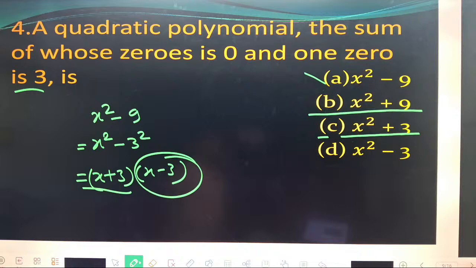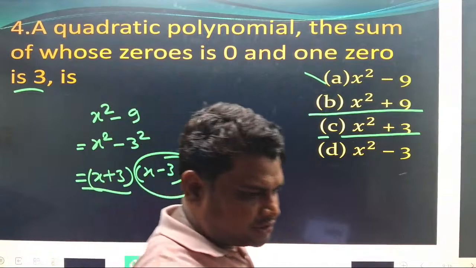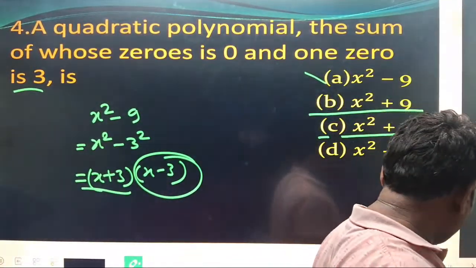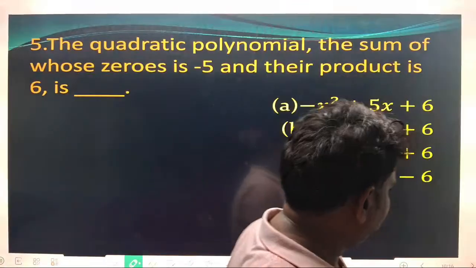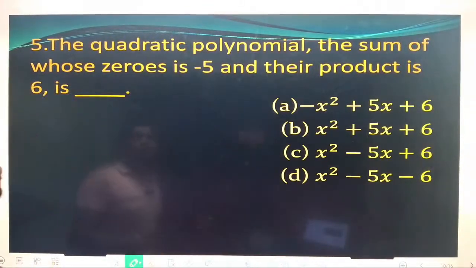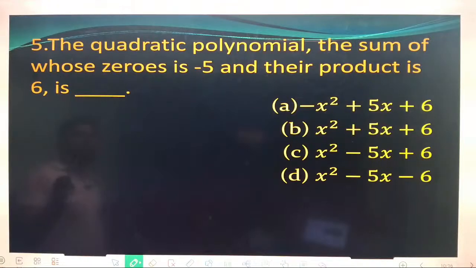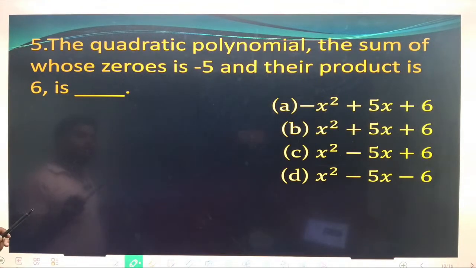Everyone comment your answers. I want to see your answers. Okay, everyone, make an effort. Now the quadratic polynomial whose sum of zeros is minus 5 and product is 6.